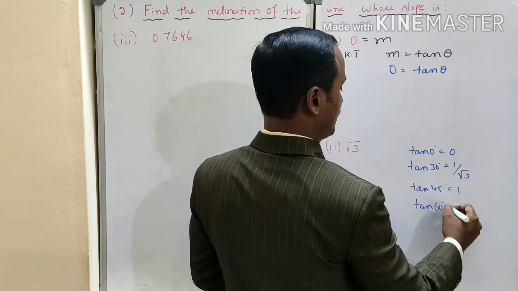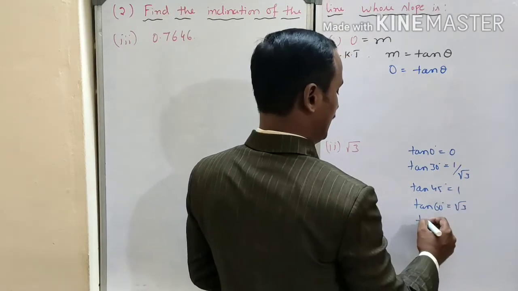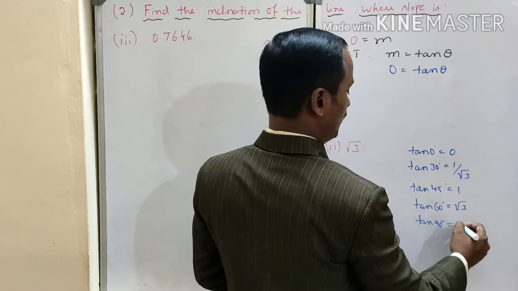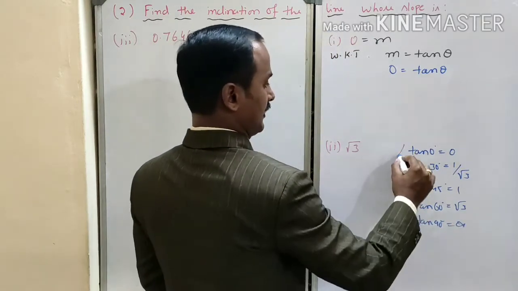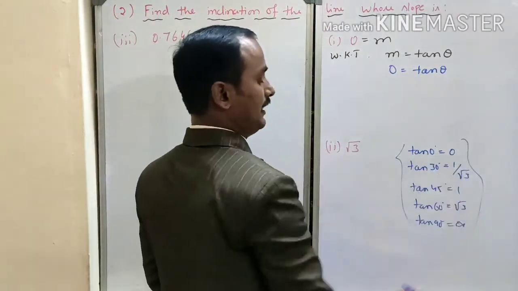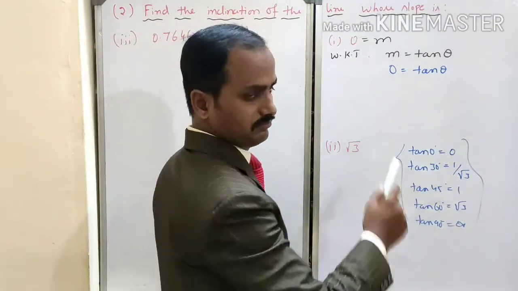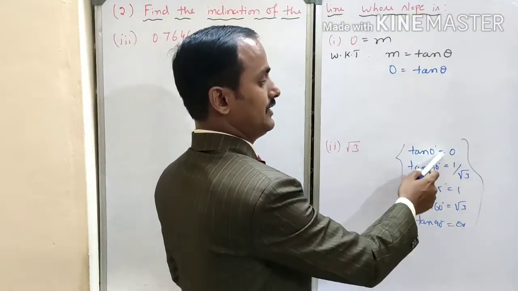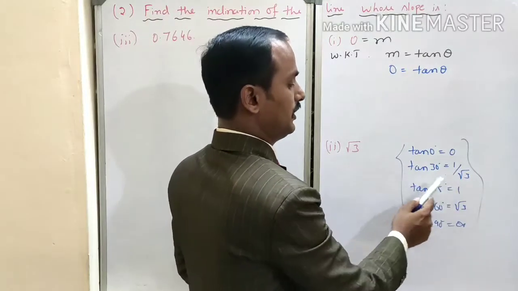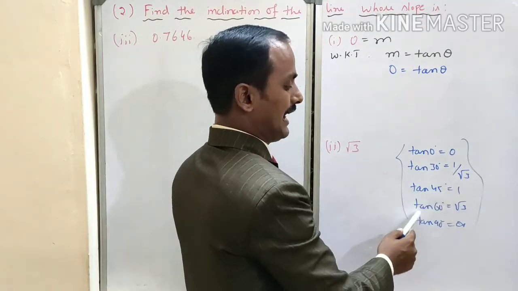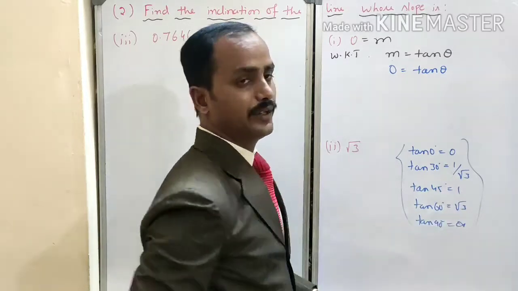Tan 60 degree is equal to root 3. Tan 90 is equal to infinite, dear children.